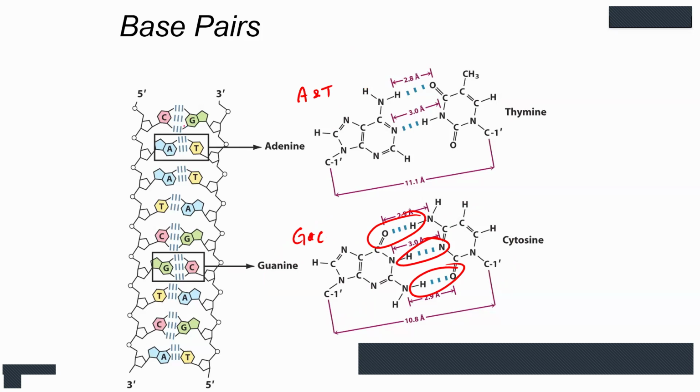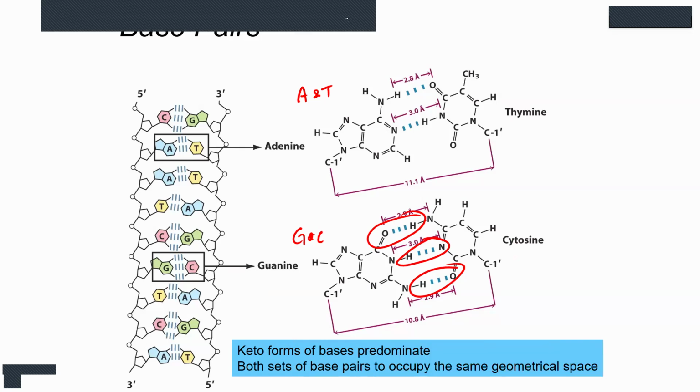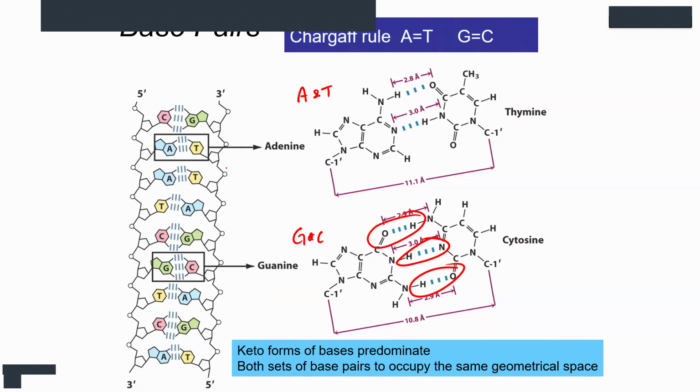So anytime you see a T, you can predict that on the other strand of that molecule, you've got an A. Where you have a T, you have an A. Where you have an A, you have a T. Where you have a C, you have a G. Where you have a G, you have a C. They're going to complement one another. Now, this is commonly known as Chargaff's rule.